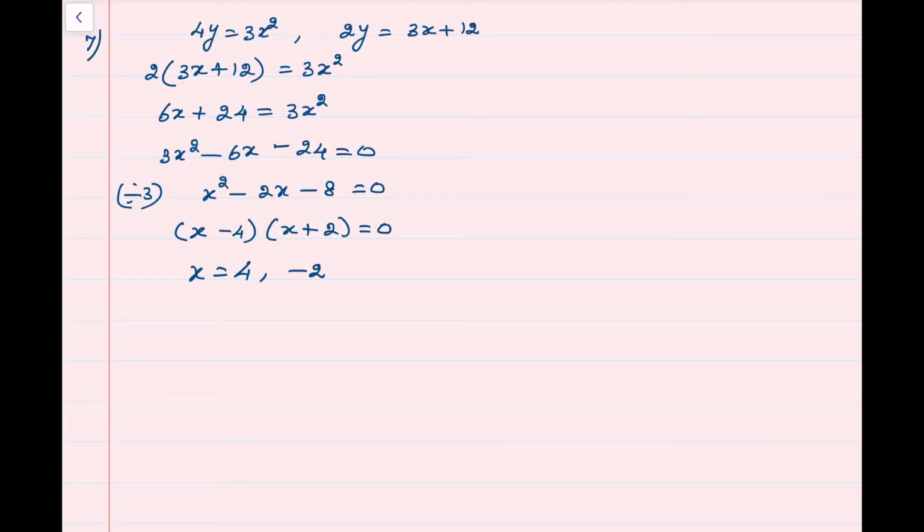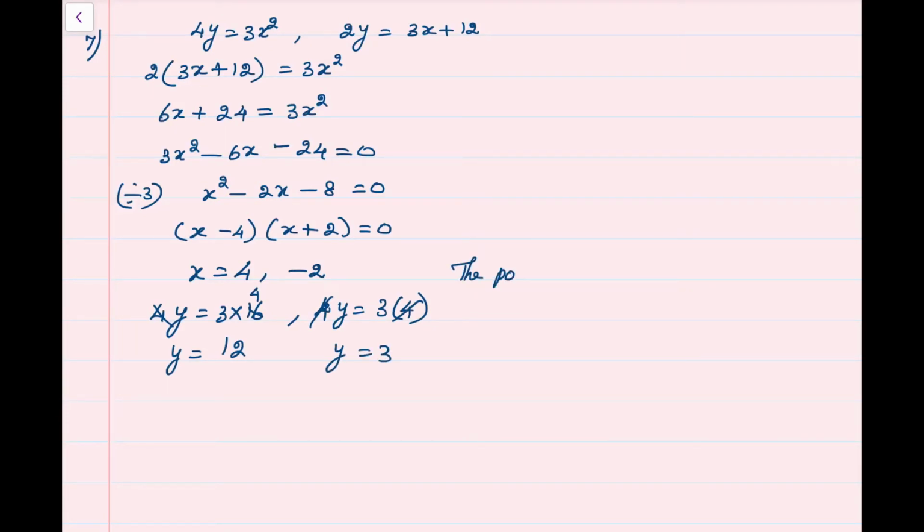Both the equations are having linear y, so we can use any one of these two equations. 4y is 3x square. 3 times x square is 16. Therefore, y is 3 fours are 12. And if x is minus 2, 4y is 3 times minus 2 the whole square. Therefore, y value is 3.